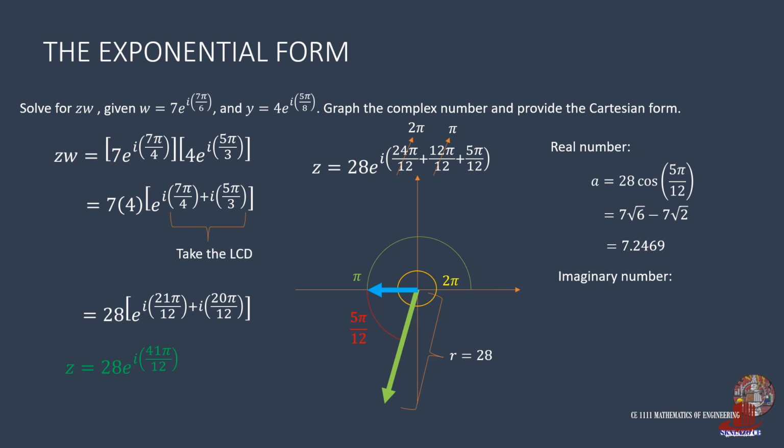For the y component, which is the imaginary part of the complex number, b is 28 sine of 5 pi over 12, which gives 7 root of 6 plus 7 root of 2, or 27.0459 in decimal form. Thus, zw is then negative 7.2469 as it points to the left, and negative 27.0459 as the component points downwards.